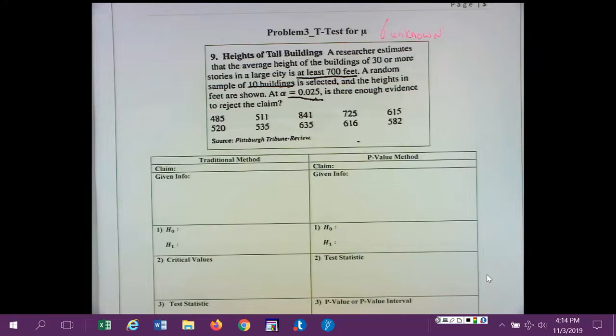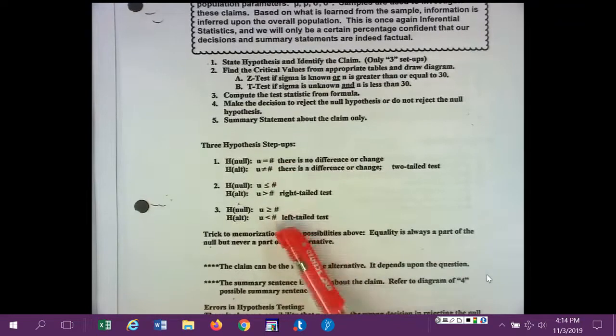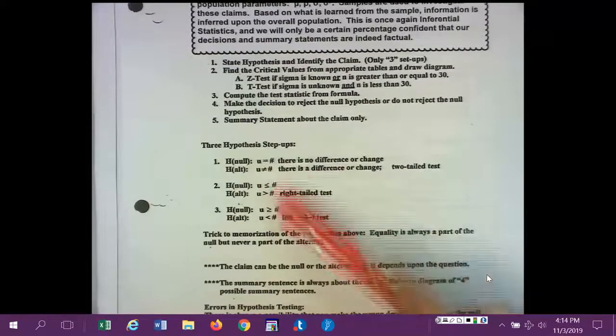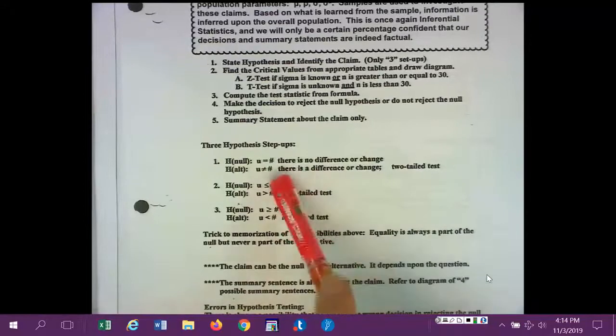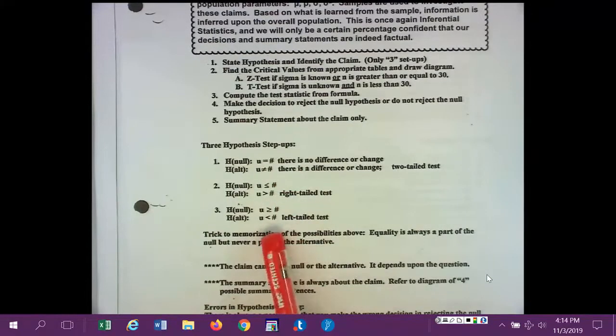When you turn your attention to t-testing for the true mean, there are a couple of things you need to keep in mind. First of all, in terms of setting up your problems, you still have these three: a two-tailed t-test, a right-tailed t-test, a left-tailed t-test for the true mean.